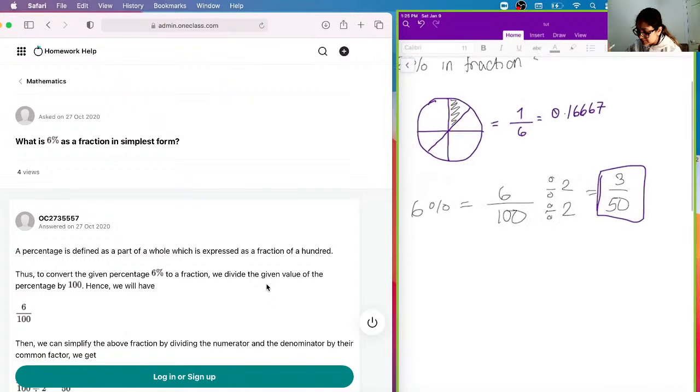So if you evaluate 6 divided by 100, whatever decimal you get, you will get the same for 3/50. Okay, so you can say that therefore 6% is equivalent to 3/50.